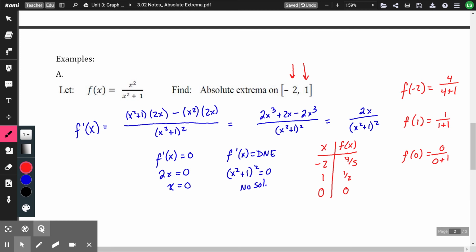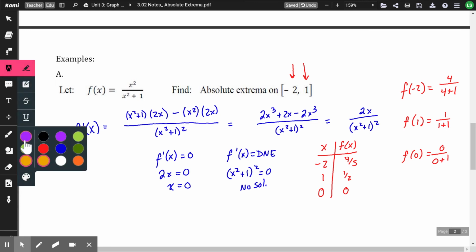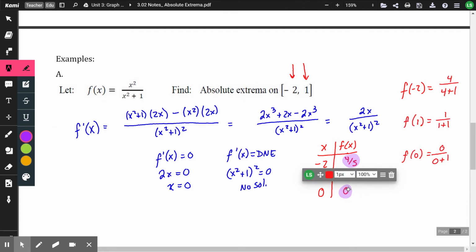So we're going to find f of -2 and we end up with 4/5. We're going to find f of 1 and end up with 1/2. And then we find f of 0 and we end up with 0. So out of all of these y values, we can see that 4/5 is going to be the largest y value and 0 is going to be the smallest y value.